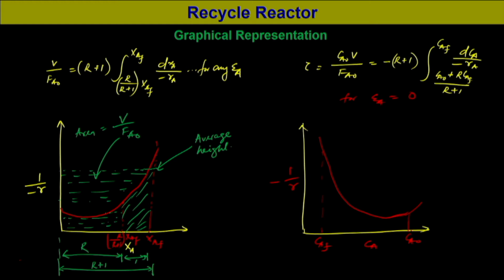So, the integral term is from (CA0 plus R CAF) by (R plus 1) to CAF. So, this is the integral part, the area under this curve. So, the average area requirement for this is about this.